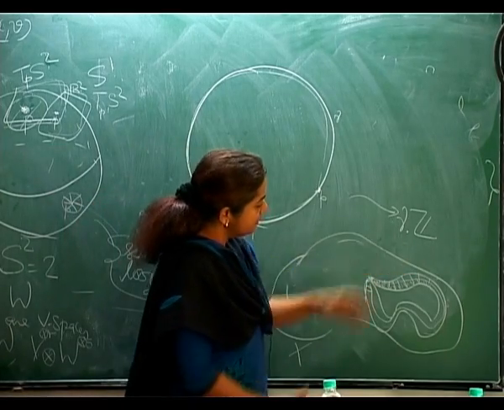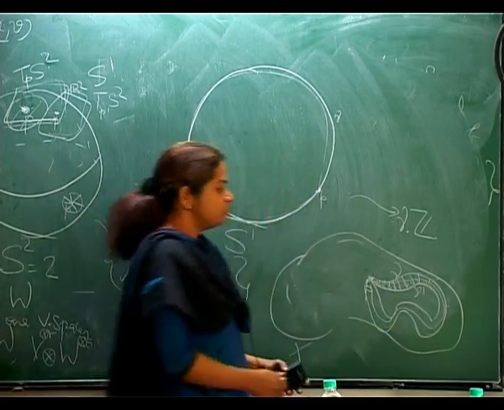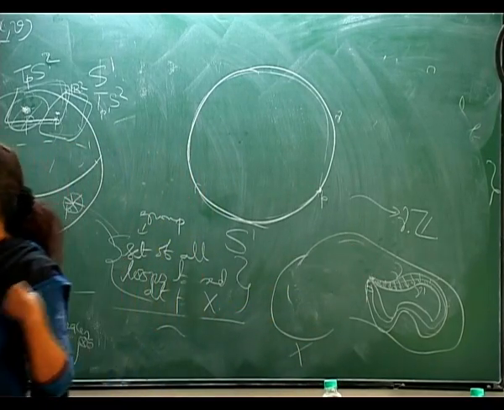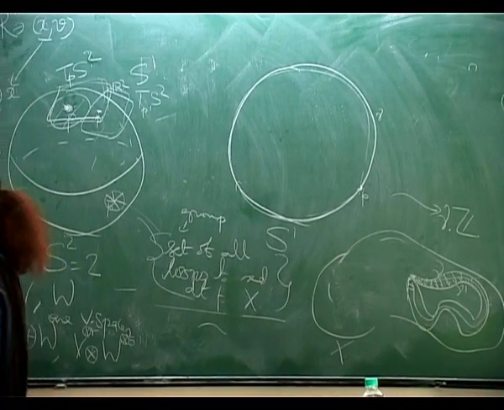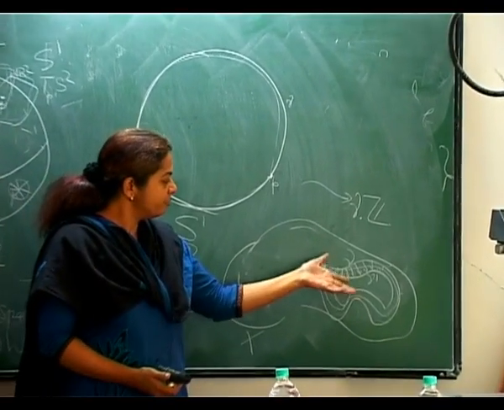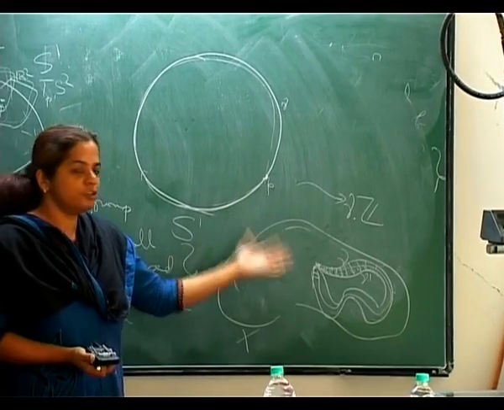This says that this loop gamma can be deformed into this smaller loop gamma prime without taking the loop outside X. This is the equivalence relation. Now you see that if you put this equivalence, it cuts down and identifies a lot of loops.